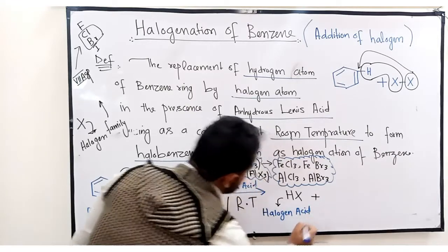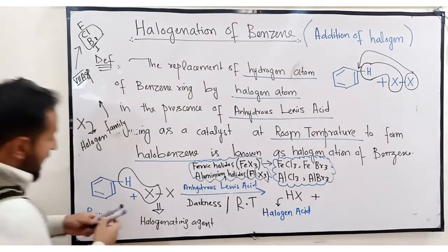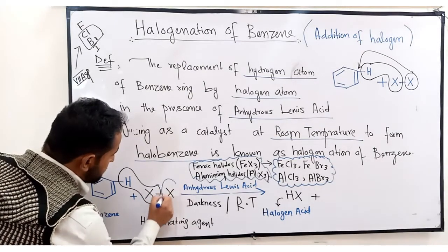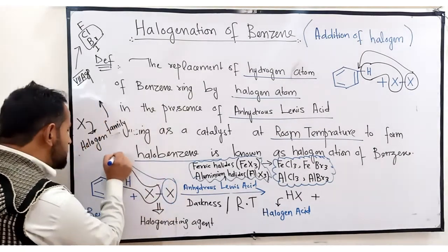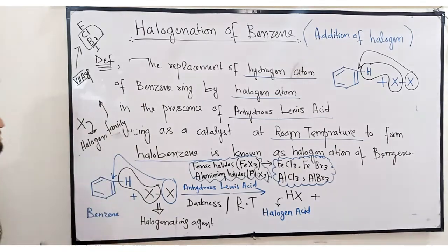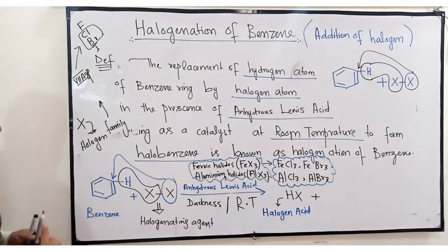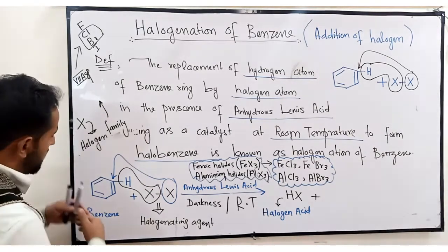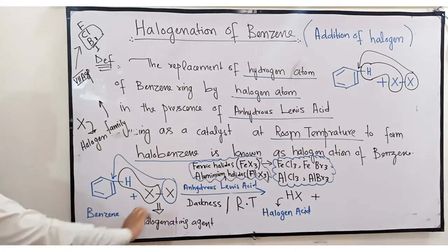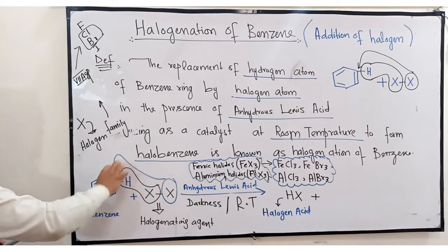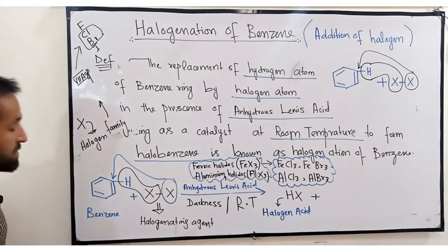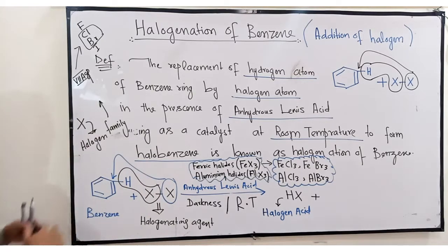HX is the halogen acid, and this X atom will attack the benzene molecule because here one of the hydrogen atoms leaves its place. That's why the X atom occupies the position of the hydrogen atom. That will simply be a substitution reaction.